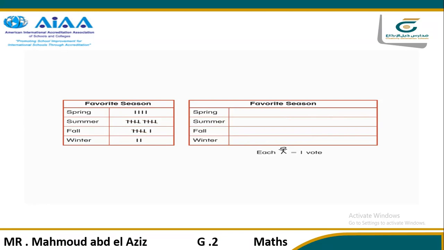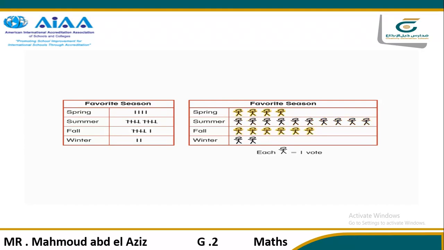Listen and look for other students who correctly complete the picture graph, drawing 4 stick figures for spring, 10 stick figures for summer, 6 stick figures for fall, and 2 stick figures for winter. Encourage these students to make comparison statements about the data in the picture graph, such as, summer has the greatest number of votes, so most students like summer the best.